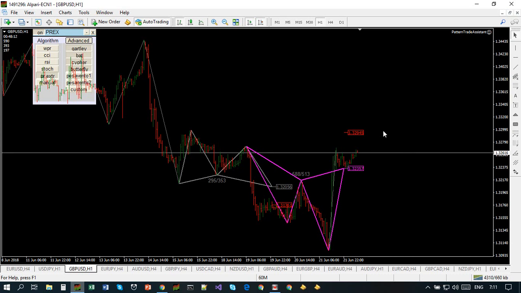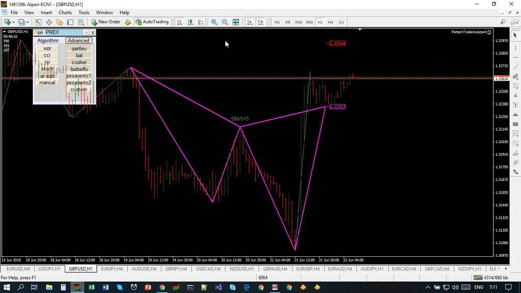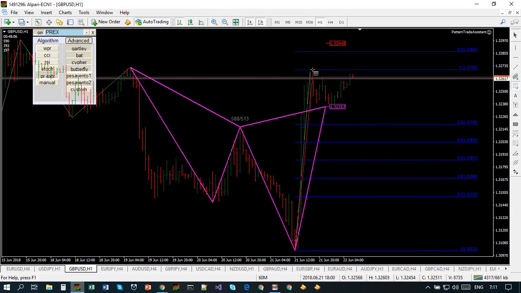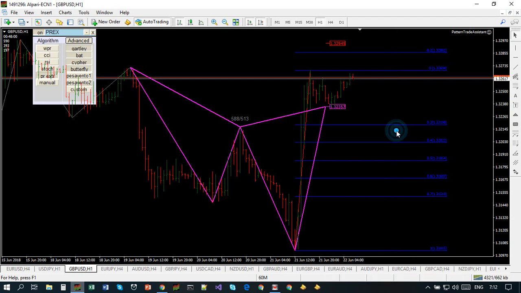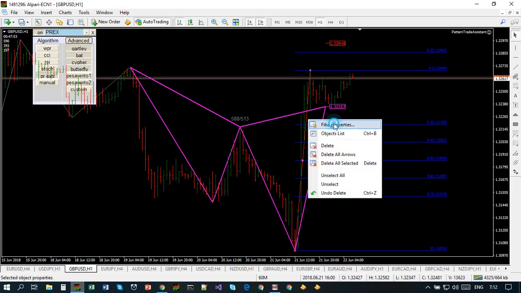A cipher pattern is one of the most accurate patterns. In 70% of cases it goes and hits the 382. Targets are calculated this way. What is this? 0.3. 382 is slightly lower than 0.3, so somewhere here we will have targets. Let me enable the 382.